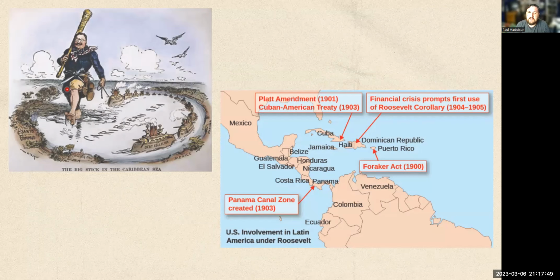He does fight in the Spanish American War, this Battle of San Juan Hill, but it's really controversial how much he actually fought in that war, and how much leading he actually did of the Rough Riders, who were made up of a bunch of volunteers and people of color in his regiment there.